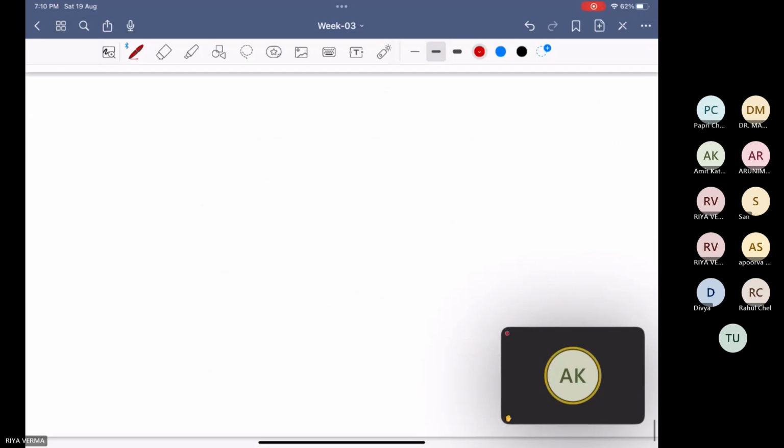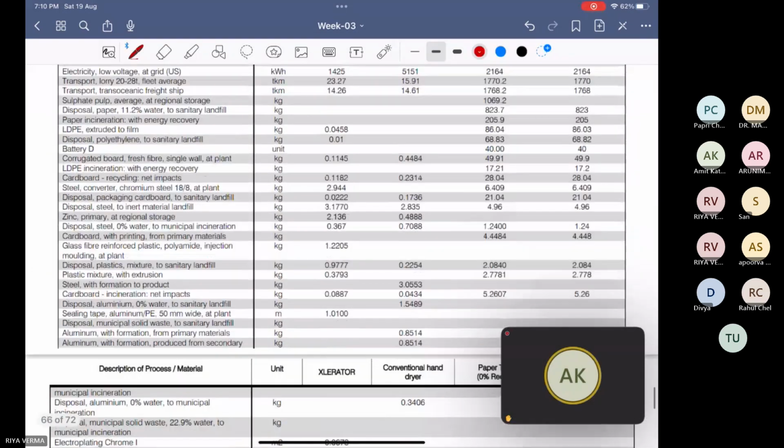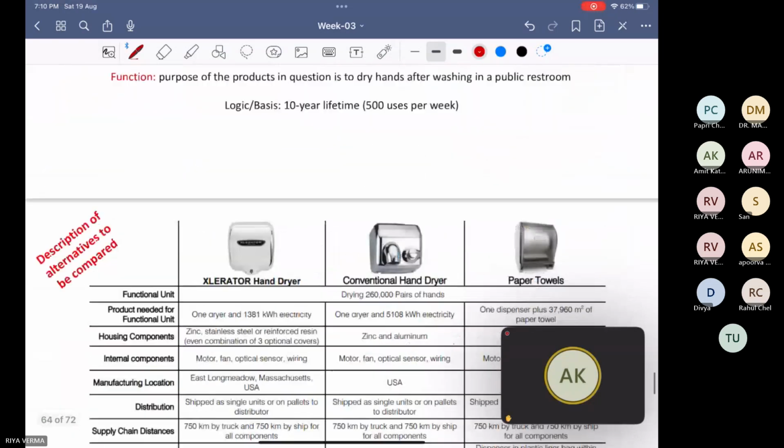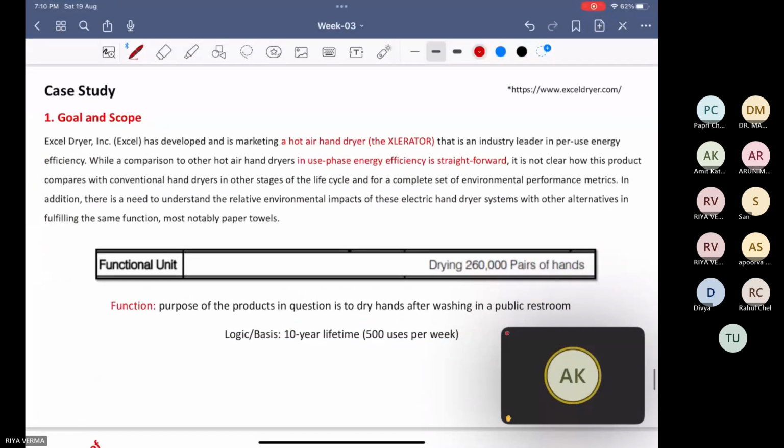Right, so I'll just take this case study once. If after this some steps are still not clear, then we'll get back to the theory part, right? So this is a case study about hand dryers, which you have seen. Excel Dryer has developed and is marketing a hot air hand dryer that is an industry leader in per use energy efficiency.